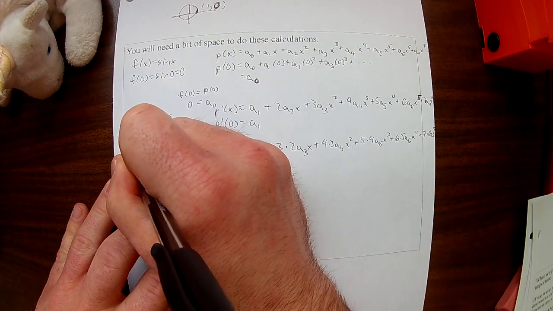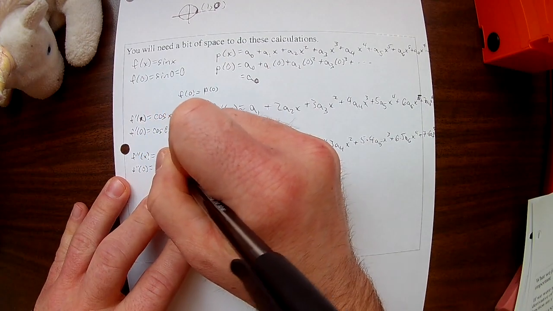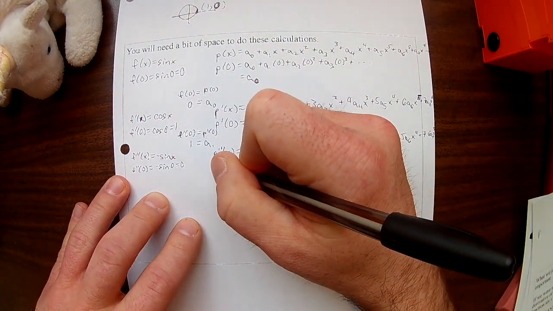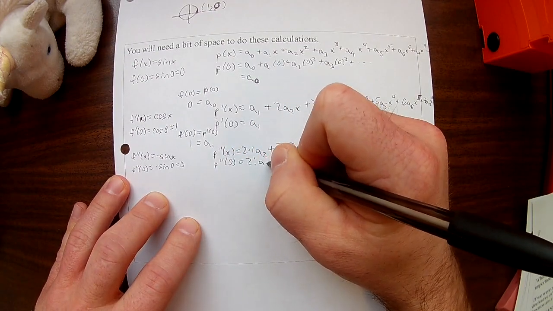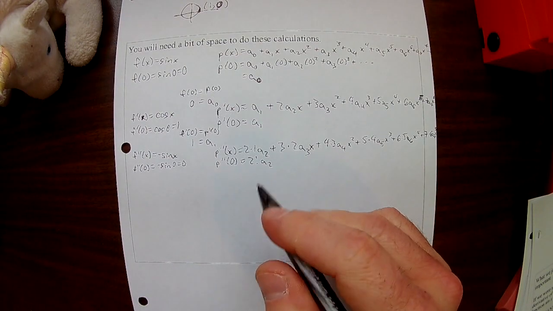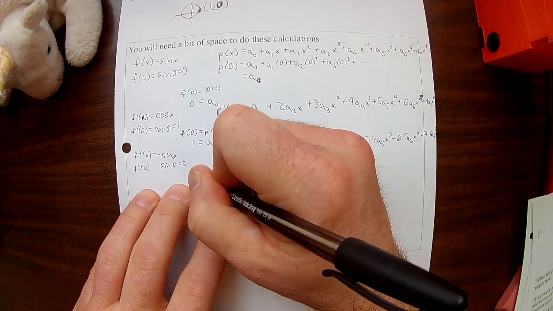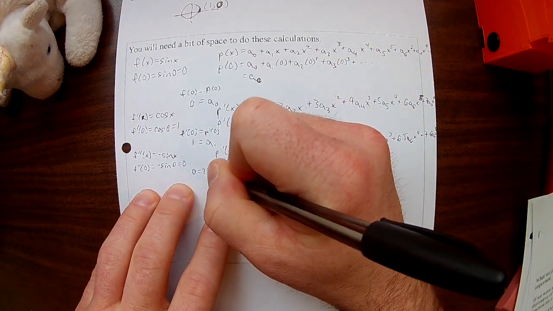Fortunately, I don't need all those at the end there. All I need is f double prime of 0, which is negative sine of 0, which is 0. P double prime of 0 is going to end up being that 2 factorial a2. Set them equal to each other, and all of a sudden I have 0 equals 2 factorial a2.